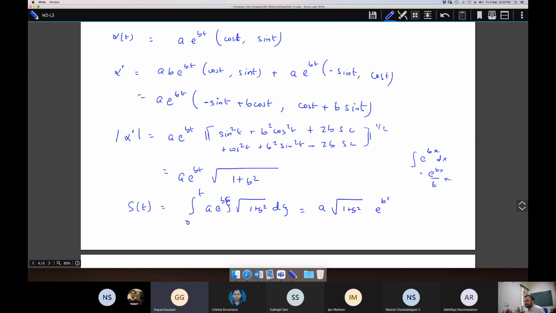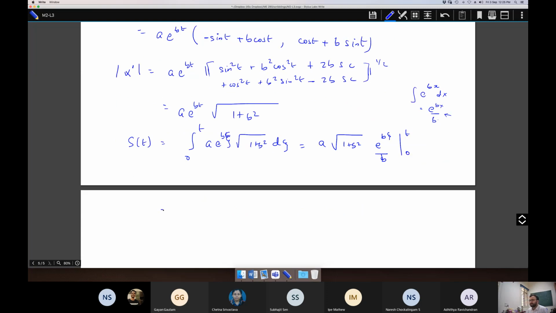So you'll get a e raised to bx by b, evaluated between 0 and t, right? So we will get here a root of 1 plus b square divided by b times e power bt minus 1, right? This minus 1 I'm going to leave out by absorbing it into some constant.